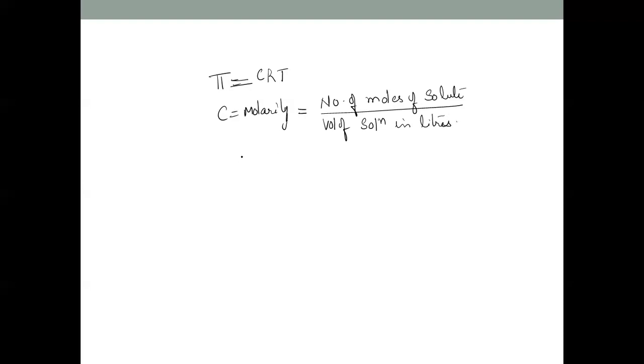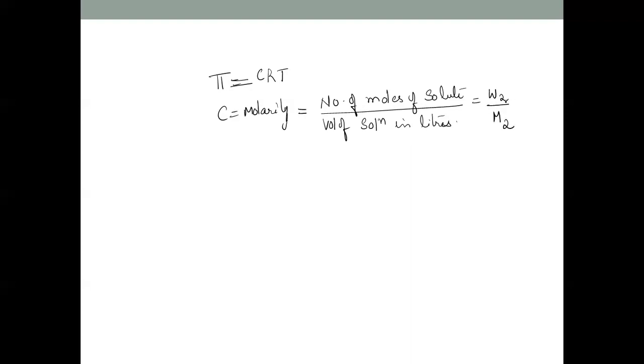Now, this is the number of moles of the solute. Say W2 grams of solute is dissolved in 1000 ml of the solution. This is taken as the volume, right? Its molar mass is M2.